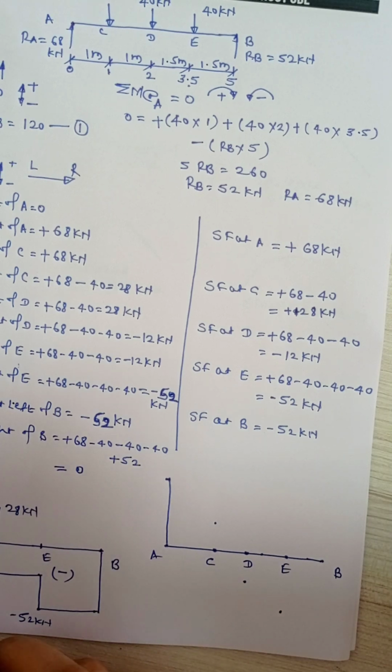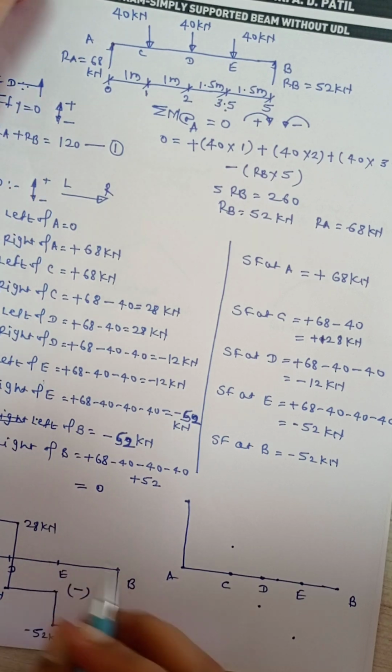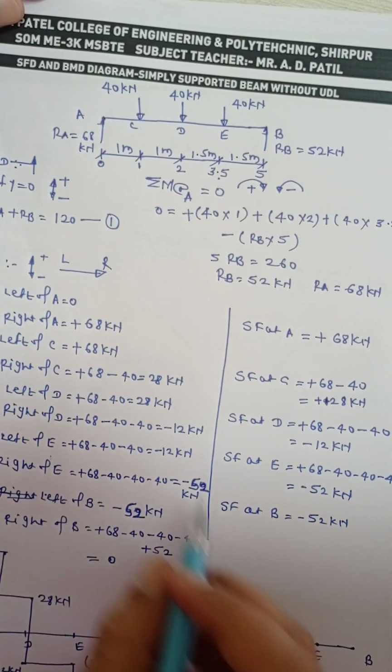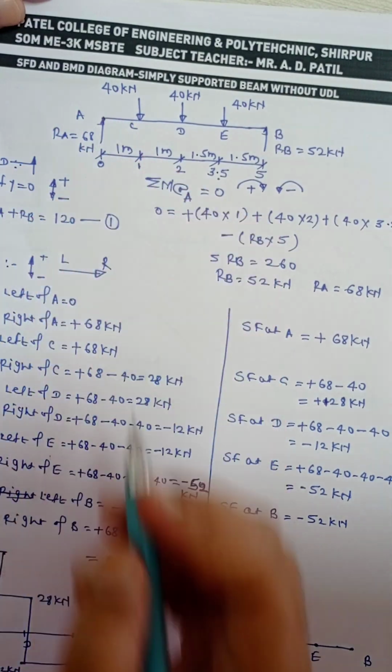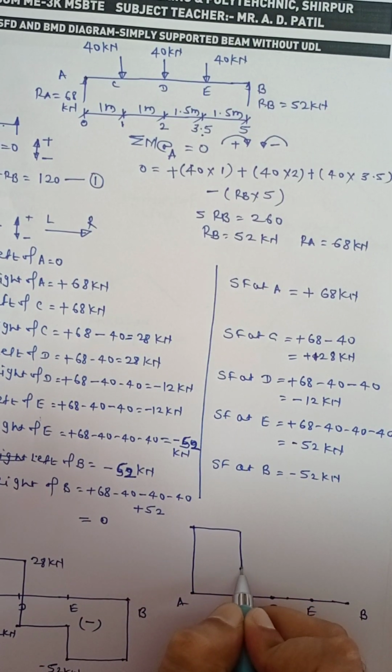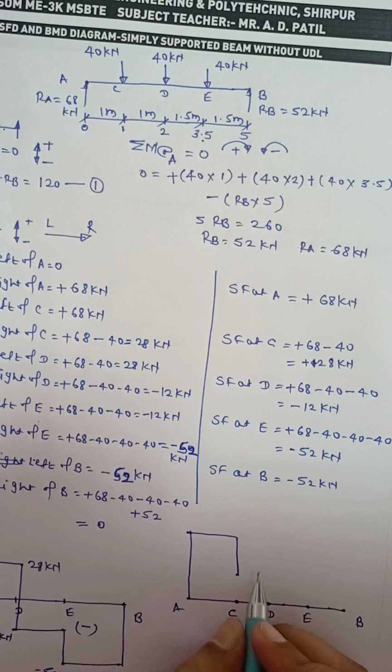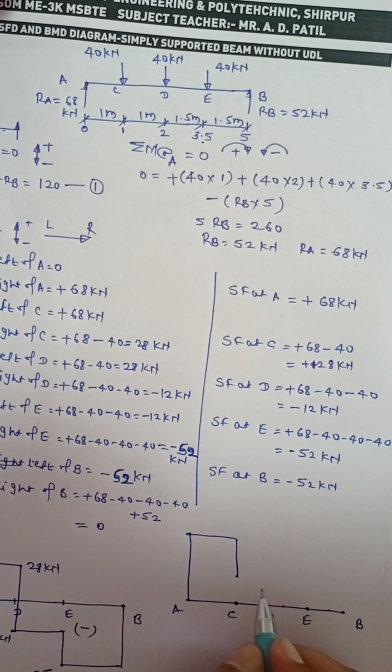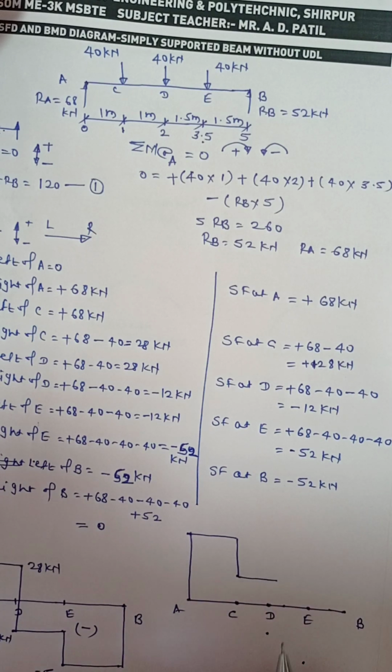So as per the rule of the types of loading, for A to C there is no loading, so draw the horizontal line. Again C to D, only a point load is acting, no variation of the loading, so draw the horizontal line.